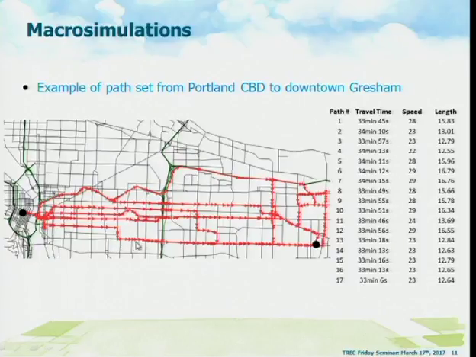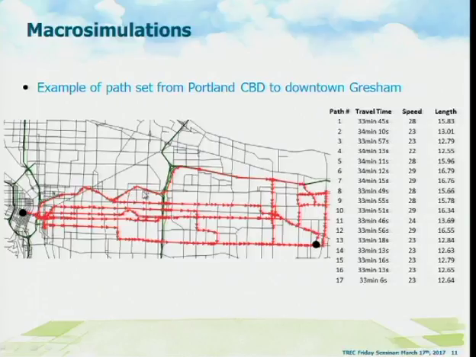There's some that take, this looks like Division to go out there, and then there's a mix and match. If you look at the travel times, they're all pretty much in the same ballpark. What's great about these assignments, though, because you can choose different paths, if we were to do something, say, on the band field here, like eliminate some capacity, what we would see are vehicles shifting, vehicles that would be taking this, would shift to some of these other paths.